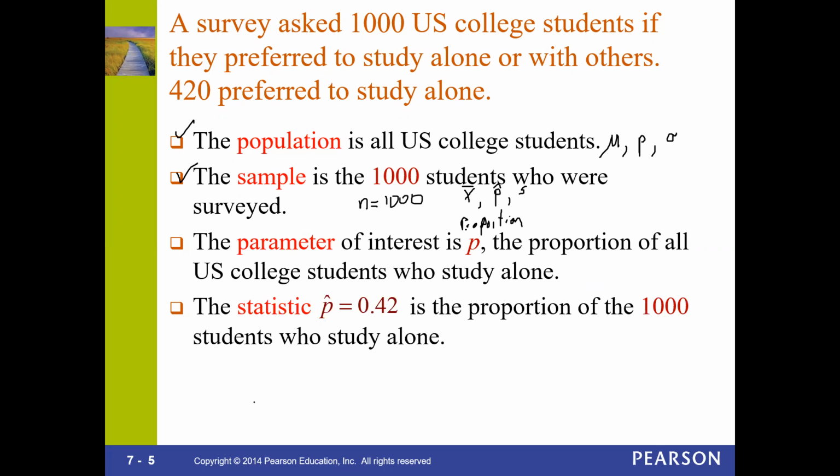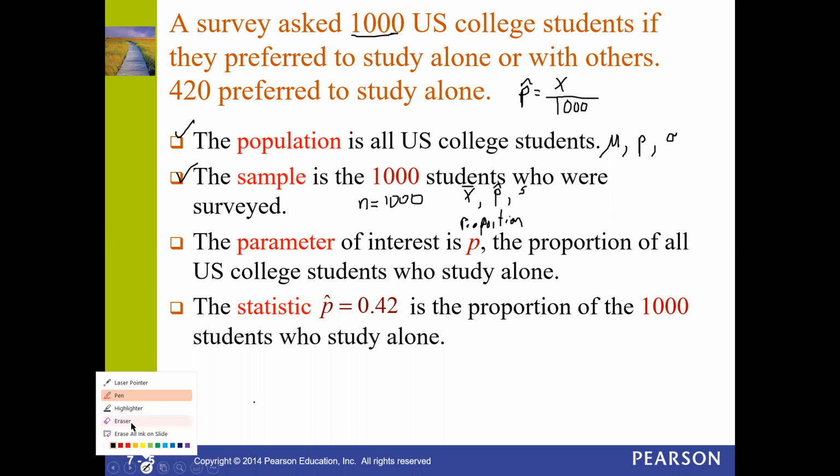How do we find p hat? It is very easy to get p hat. Notice that we got 1,000 people. n is 1,000. We can say p hat is equal to x over n. This is the fraction of the students who like to study alone.